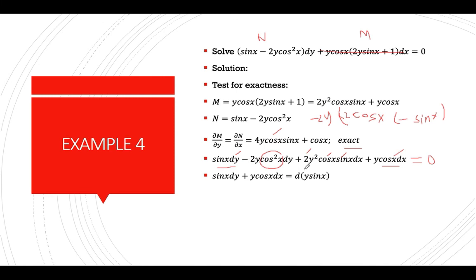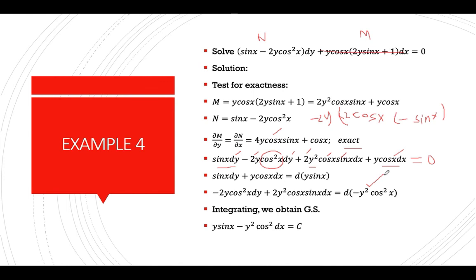And then the derivative of y squared is equal to 2y dy, and therefore the two terms are exact differential and can be combined as negative y squared cosine squared x. So we can now replace the equation by these two integral combinations. So the solution will be y sine x minus y squared cosine squared x.